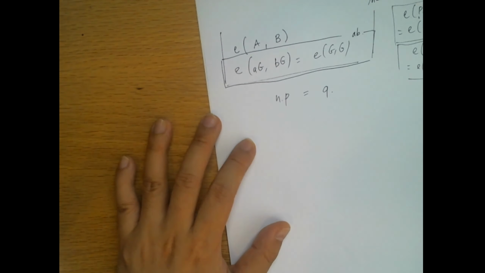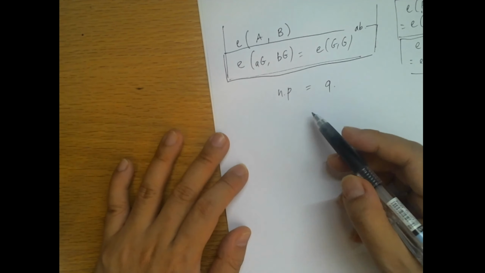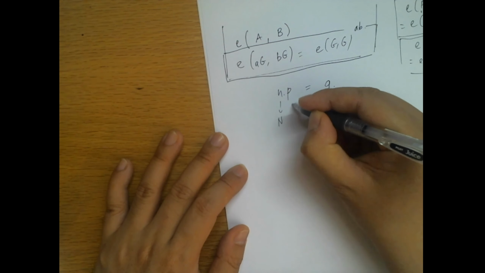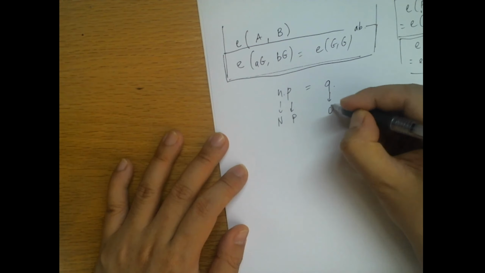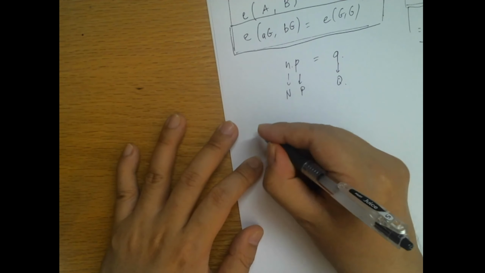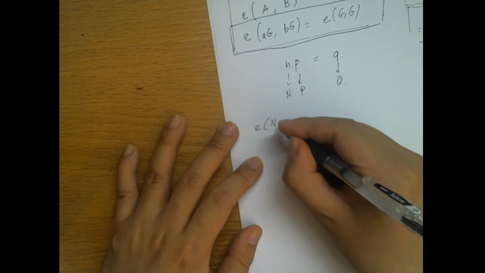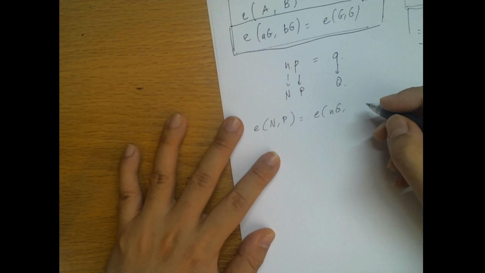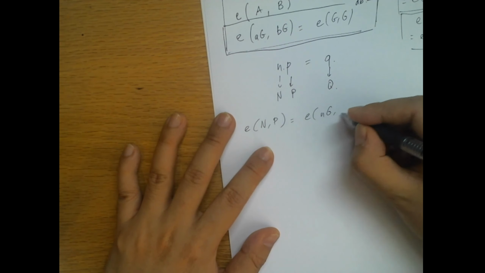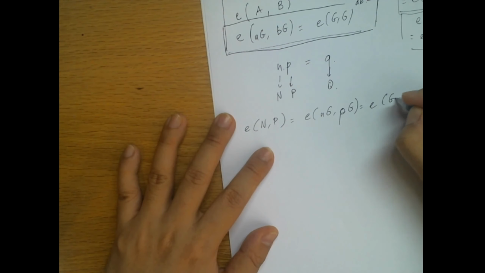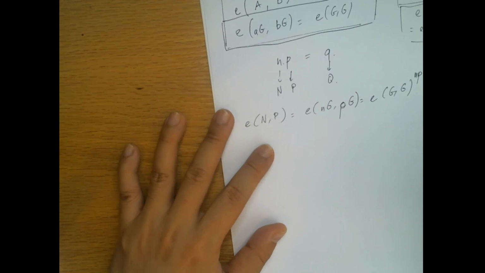So we have this, and if we have now the matching points, so it goes to N, it goes to P, and it goes to Q, then we can say that if we calculate E of NP, it's equal to E of P to N G. And E of P of G is equal to E of G, NP, so this is the same relationship as this one.